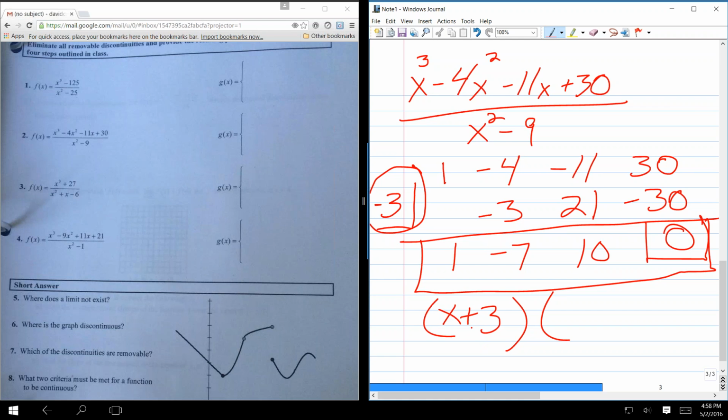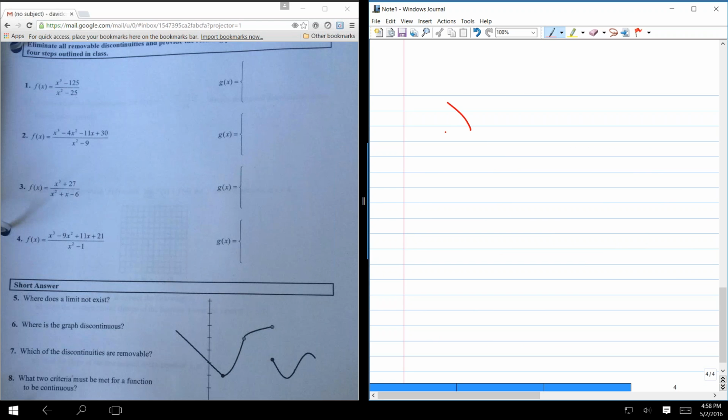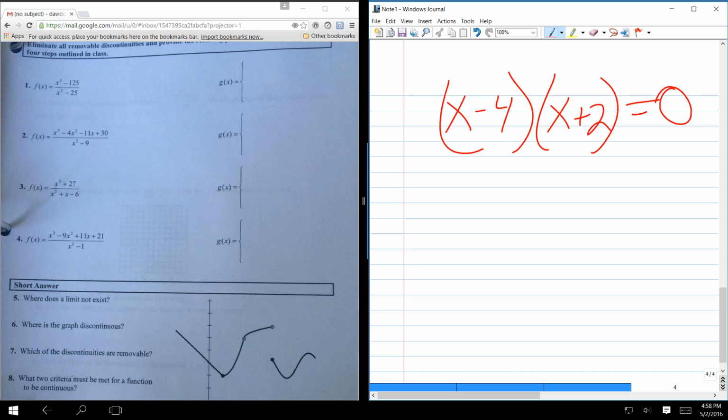In other words, if you are solving an equation and you come down to x minus 4 times x plus 2 equals 0, well, then the zeros, I set that equal to 0, that equal to 0, so my zeros are that and this.